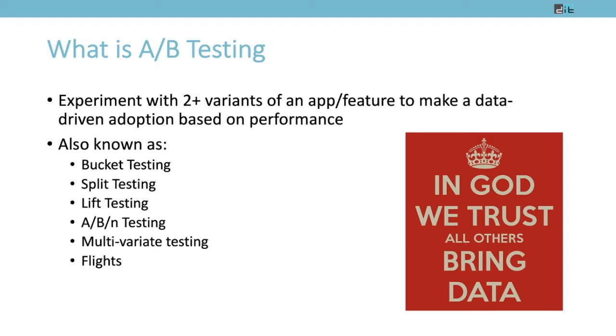Then there is multivariate testing, where we are testing more than one variable at once. This is rarely used; it's pretty complicated to get a useful conclusion out of it. Some companies also call them flights. The premise of all of this is that we want to trust the data. We don't want to be flying blind when it comes to launching a feature or a new app.